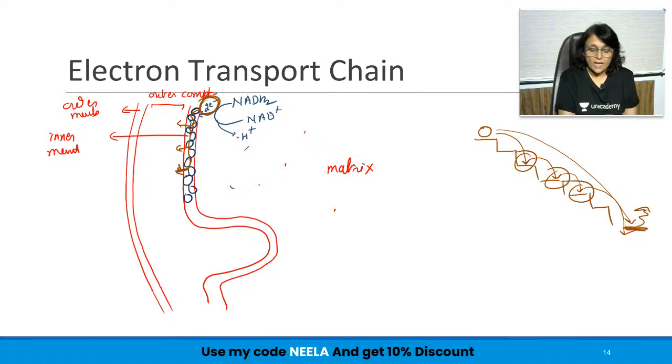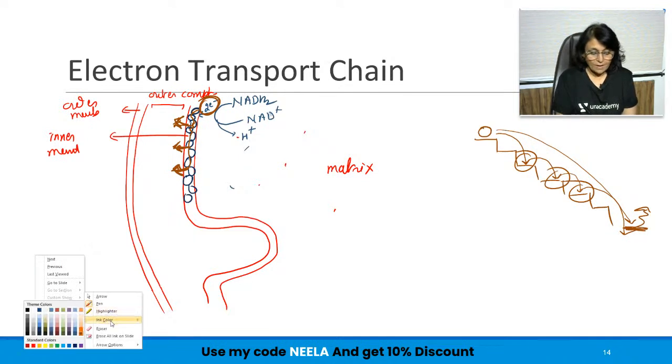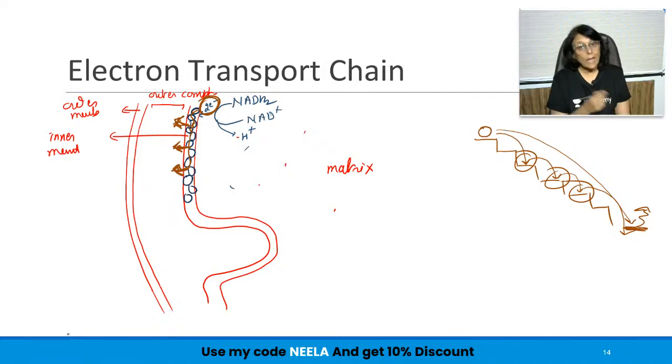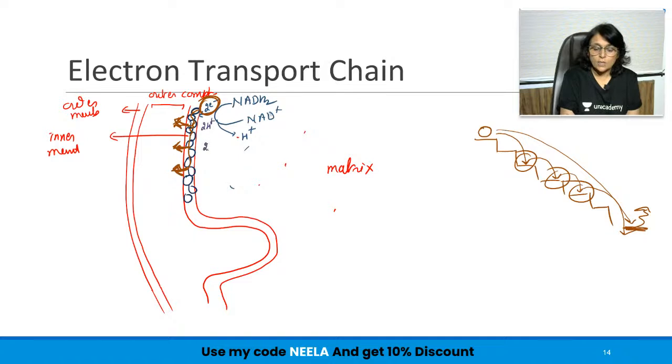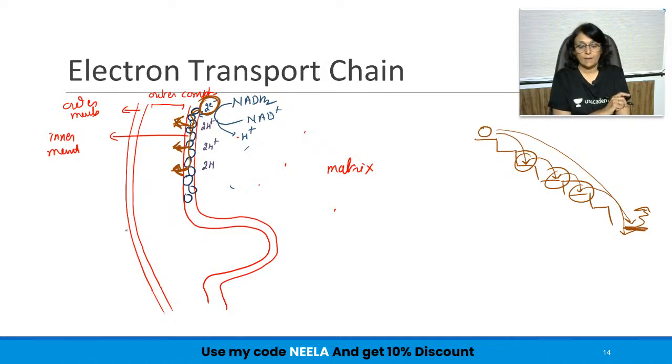Now what is done with this released energy? This released energy is used to pump. And I'm using the word pump, that means we are talking about an active process. To pump a pair of protons from the matrix into the outer compartment.